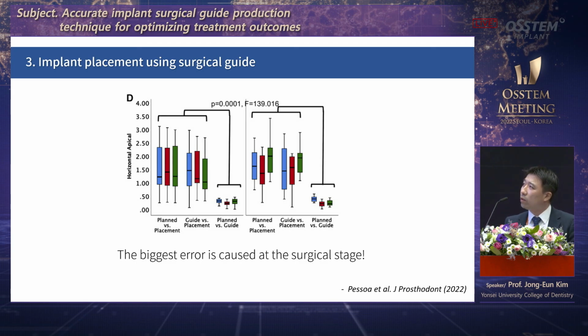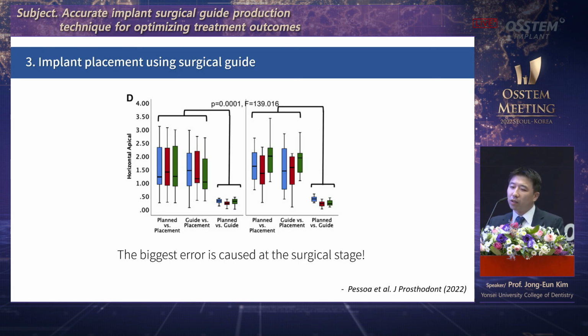This is a similar result, a study done by another group in 2022. This is the plan versus the accuracy of the guide. You cannot really see the graph right now. If you look at the plan and guide, there's very little difference.